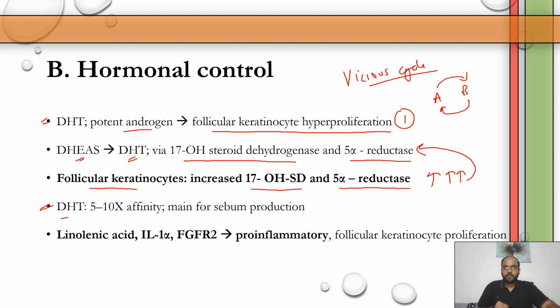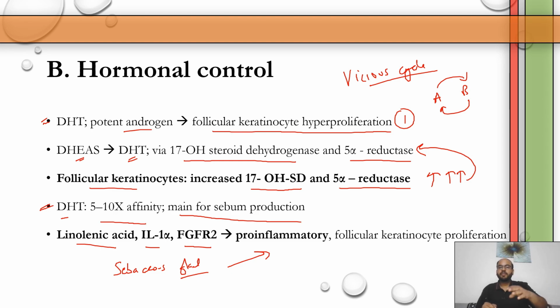Now DHT has 5 to 10 times affinity for the sebocyte, and it is the main hormone for sebum production. Other factors like linoleic acid, interleukin-1 alpha, and fibroblast growth factor receptor 2 are also present at the level of the sebaceous gland, and they are responsible for inflammation.